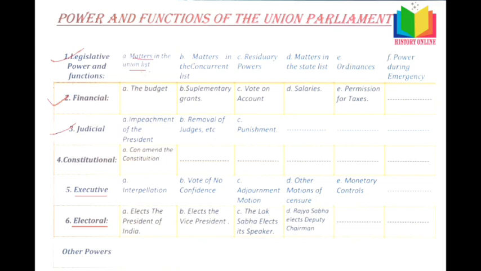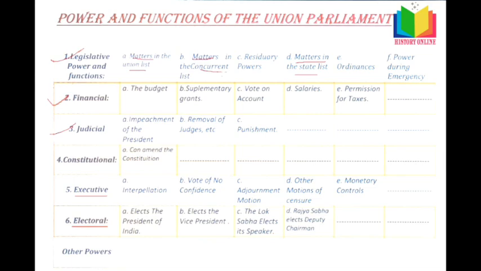The next one is matters in the state list. The state list includes subjects under which the legislature of the state may make laws. It includes public order, police, public health, and sanitation. And the next one is matters in the concurrent list.